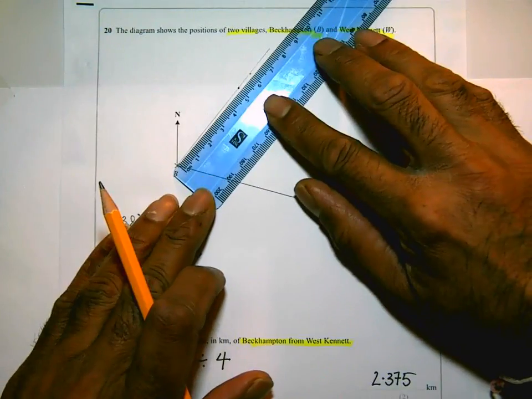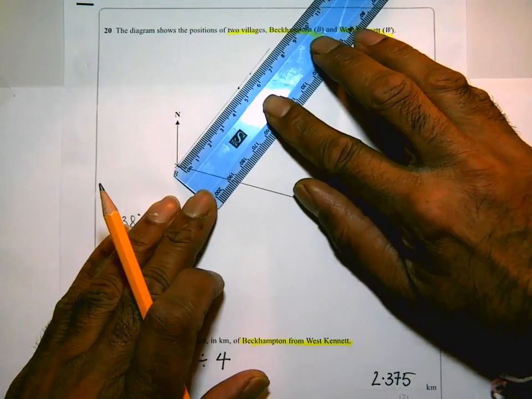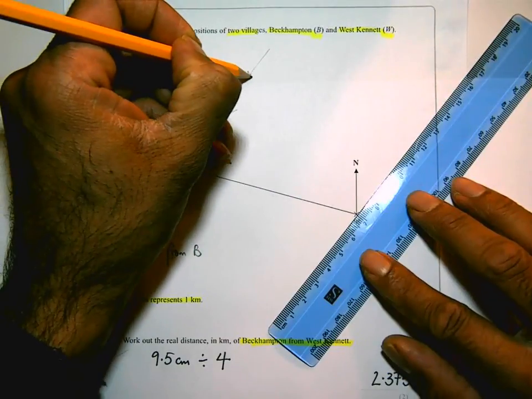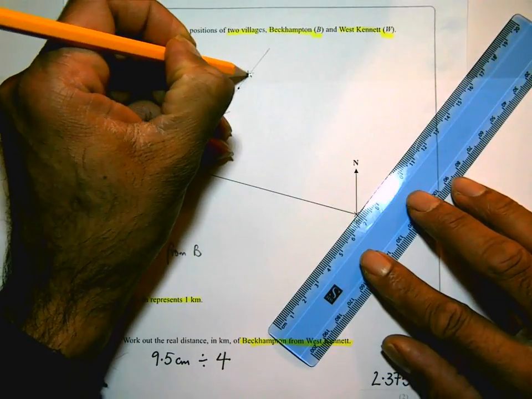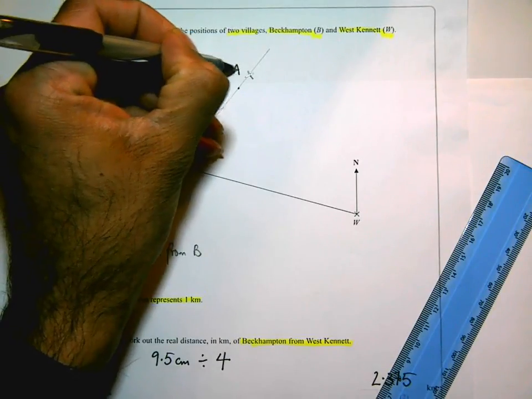See, so that's 6 centimeters there. And again, they do give you a bit of leeway, right? But try to get it as accurately as possible. And I marked it with a cross. And the question did say, label the cross A. So I've gone and labeled it A.